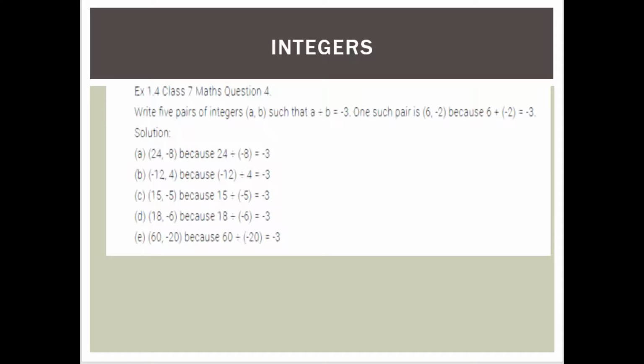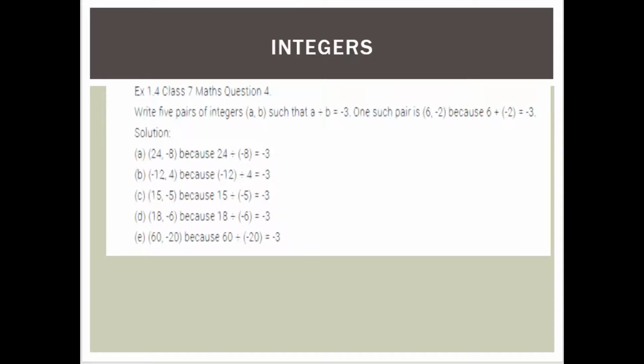Moving to question number 4. Write 5 pairs of integers such that A divided by B is minus 3. One such pair is 6 and minus 2, because 6 divided by minus 2 equal to minus 3. 24 divided by minus 8 equal to minus 3. Minus 12 divided by 4 is minus 3. 15 divided by minus 5 is minus 3.